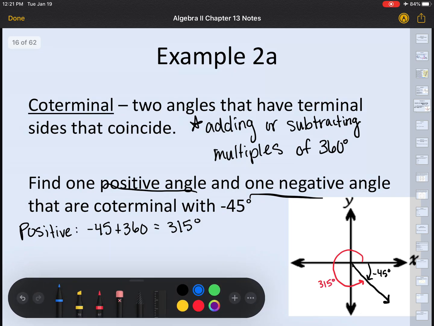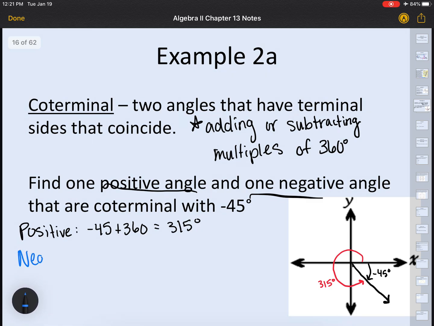Then if we want a negative one, we're going to subtract 360 more, and we're going to end up with negative 405 degrees.